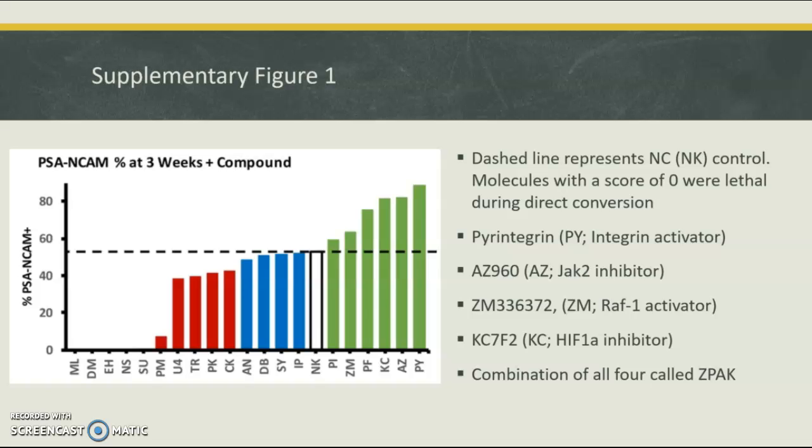From this, the 4 small molecules chosen were pentigrin, which is an integrin activator, AZ960, which is a JAK2 inhibitor, CM336372, which is a RAF1 activator, and KC7F2, which is an HIF1A inhibitor. The combination of all 4 small molecules is now known as Z-Pak, and this combination will be further described in the next coming figures.